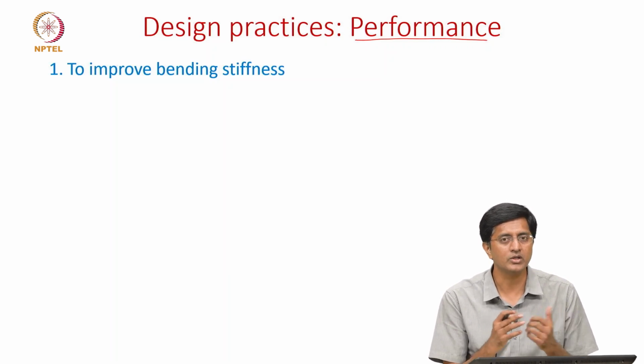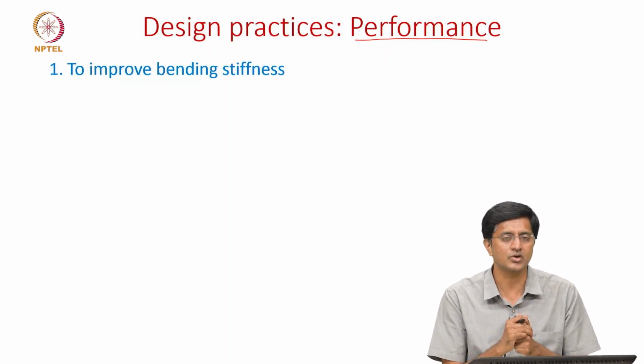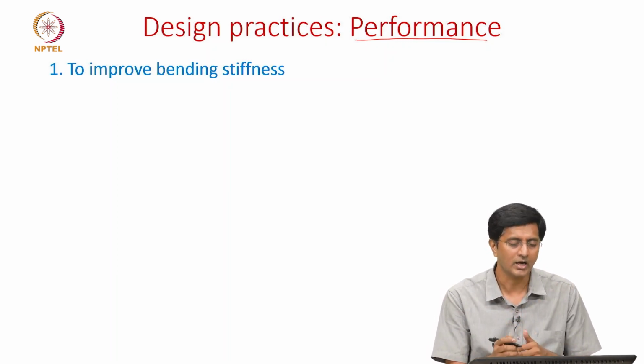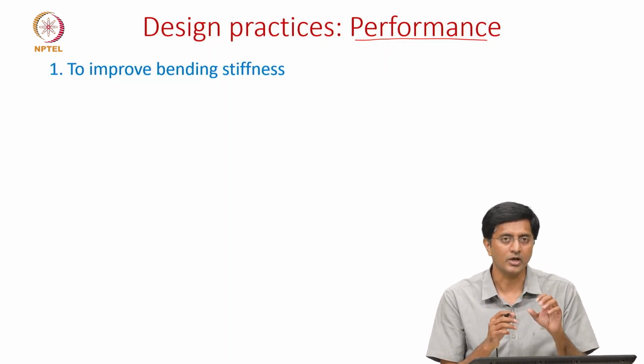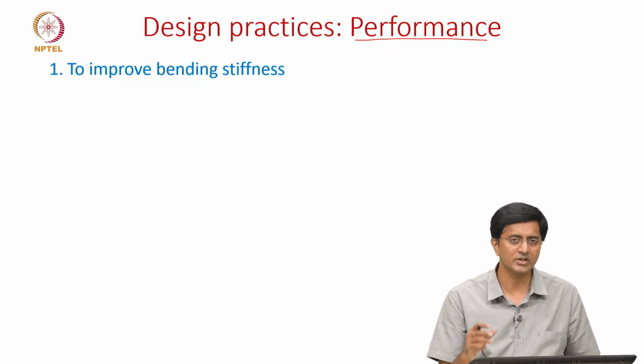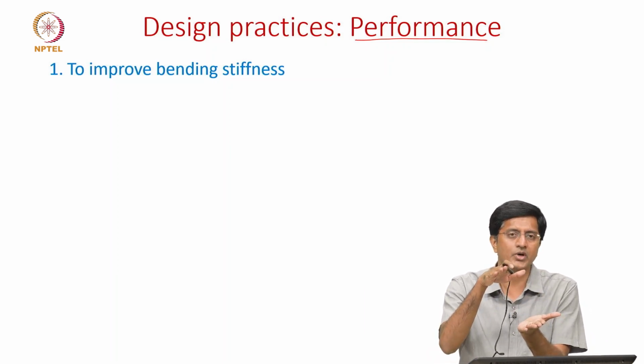If you recall the mechanics of materials course where we discussed beam deflection, how do we increase the bending stiffness of a beam? Usually we change the cross section. Either we can go with an I cross section or a closed hollow beam. The reason is that now you are moving the mass away from the neutral axis.